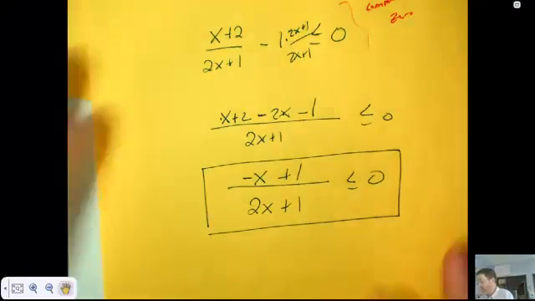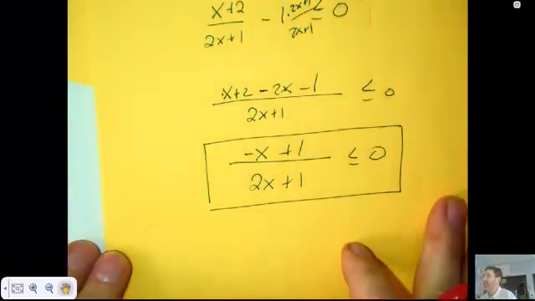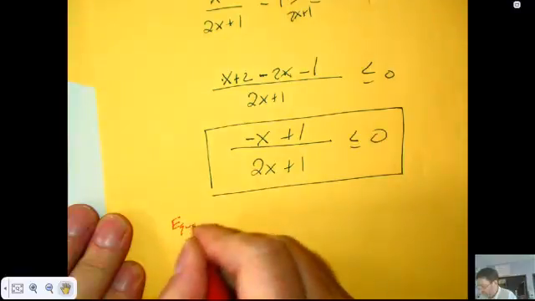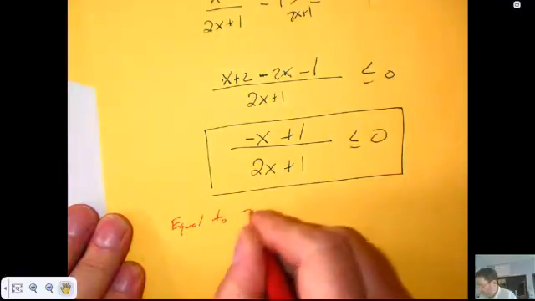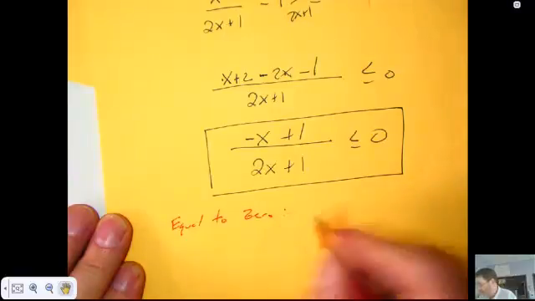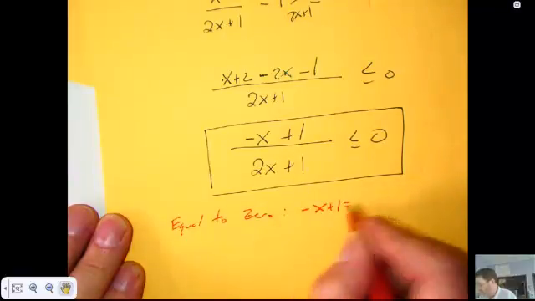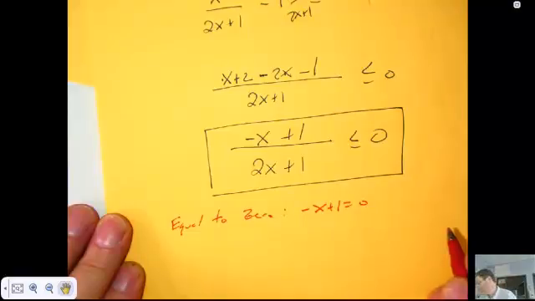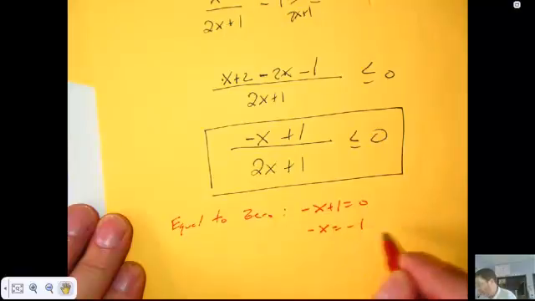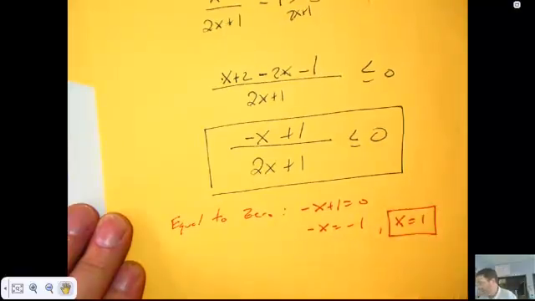So where the top is 0 and where it's undefined, where the bottom is 0. Right, a fraction is equal to 0 where the top is 0, where negative x plus 1 equals 0. So negative x would be negative 1, so x would be 1. So at 1, this is equal to 0.